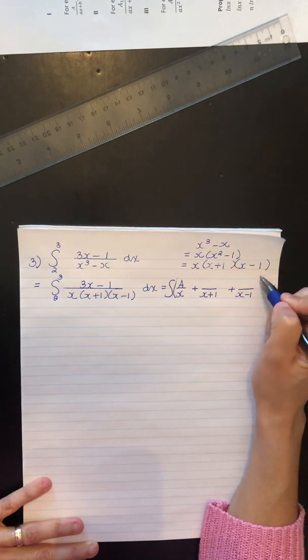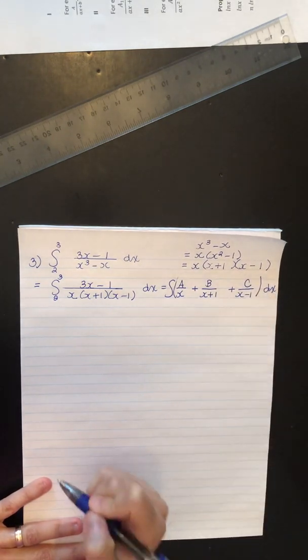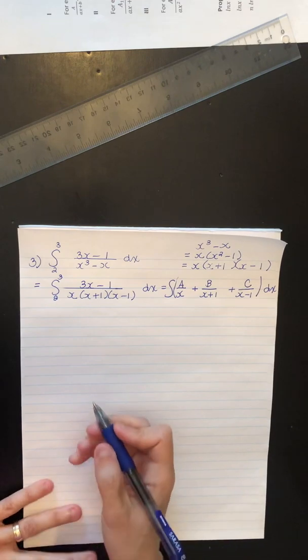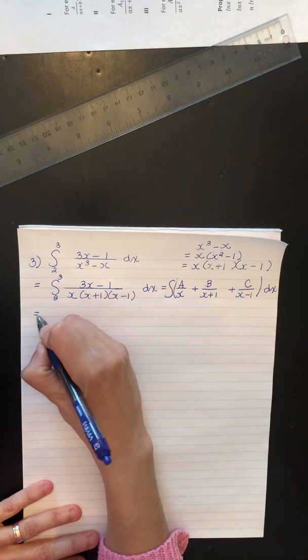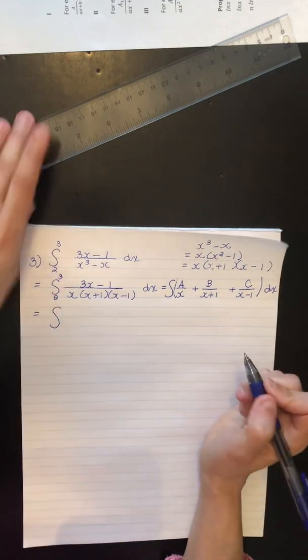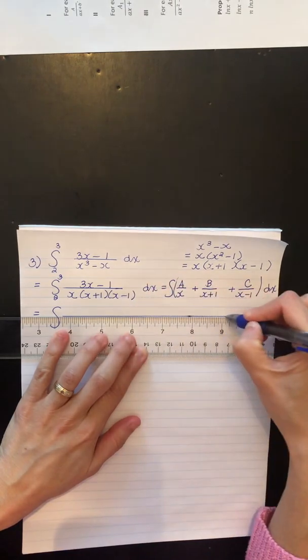And the numerators here will be a, b, and c. We now add these fractions, which means moving to a common denominator.